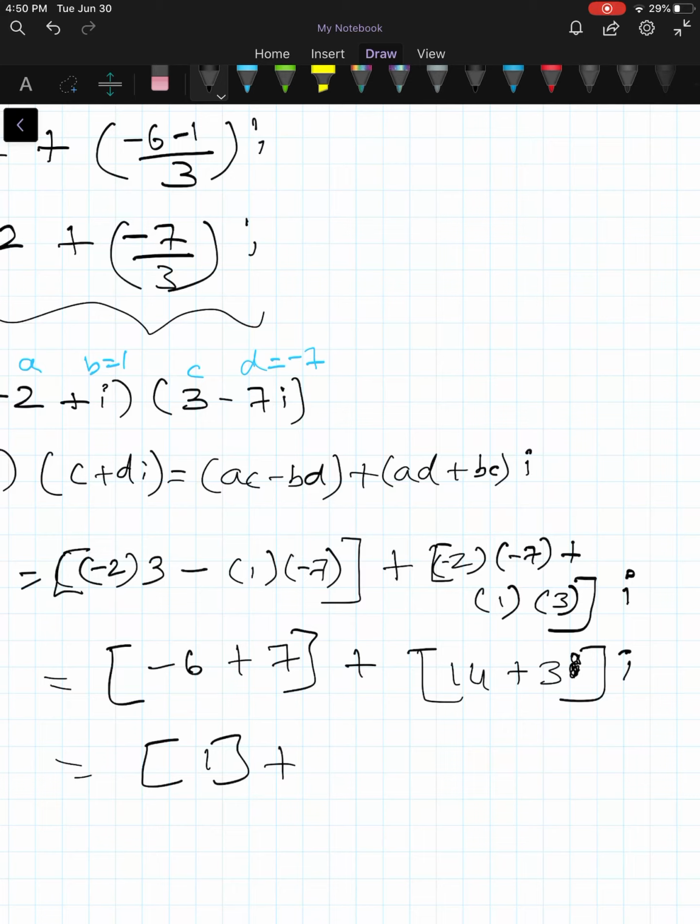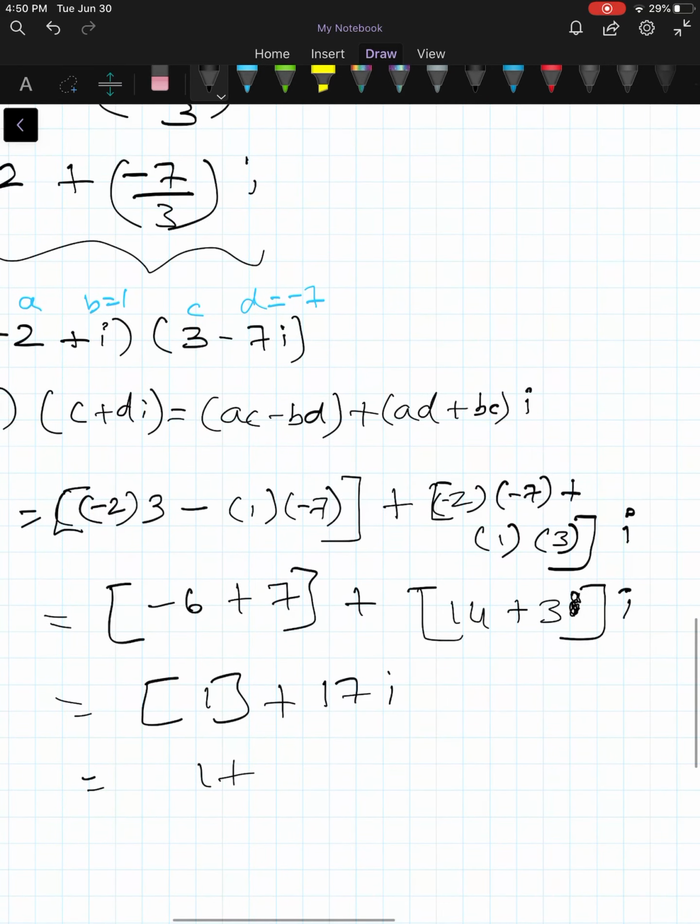So 1 plus 14 plus 3 would be 17i. So this is already in the form of a plus bi, so no need to do anything further to express it in standard form. So this is how you multiply complex numbers.